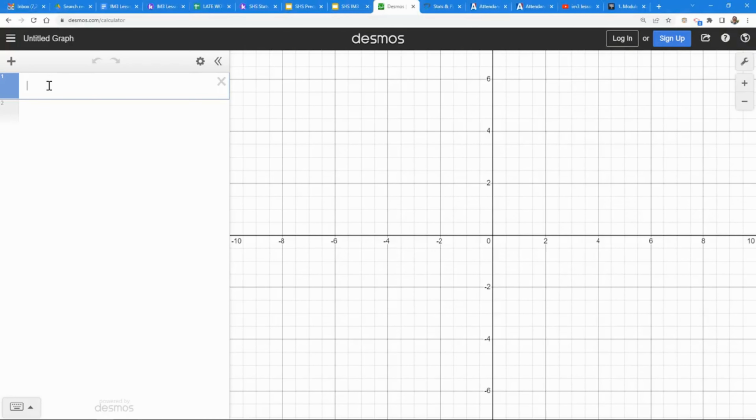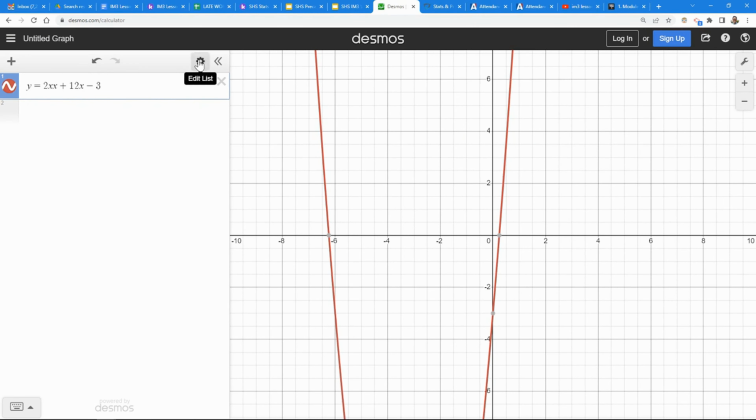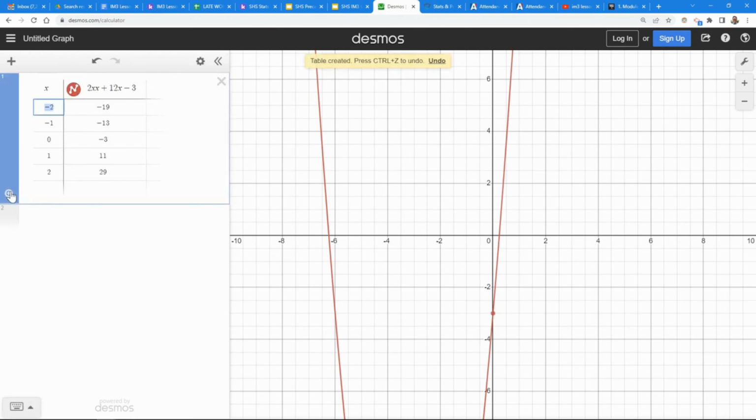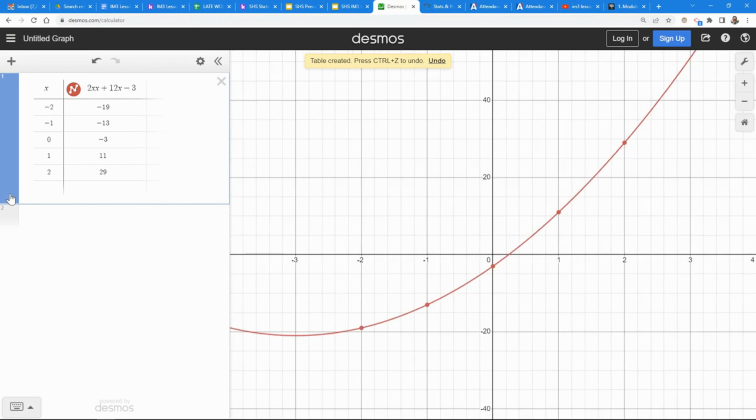Alright, let's say in Desmos I want to graph that question. So y equals 2x squared plus 12x minus 3. You'll notice the graph doesn't fit, so if you click on the gear icon or the circle, click on the table here, and then if you click on the magnifying glass, that'll zoom into the points that you want.